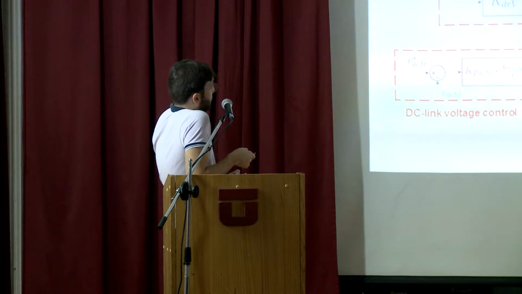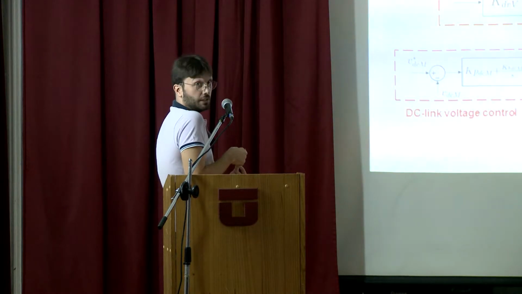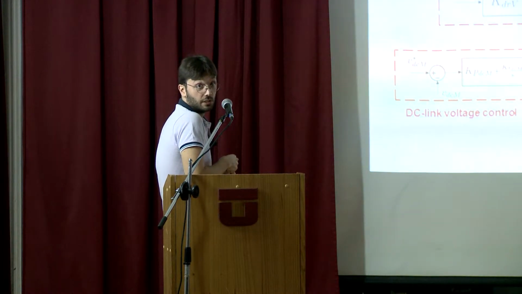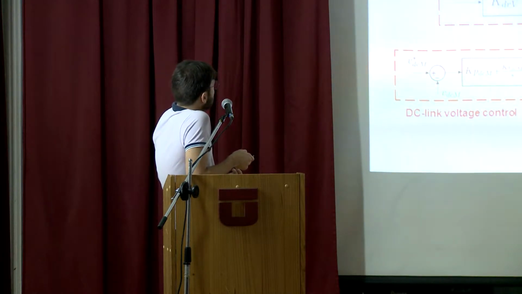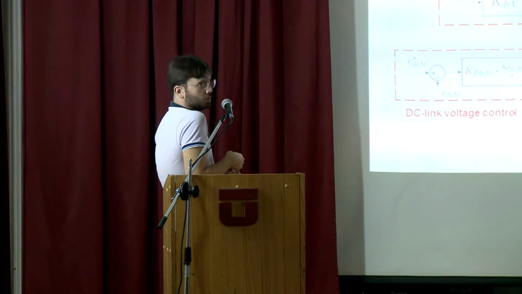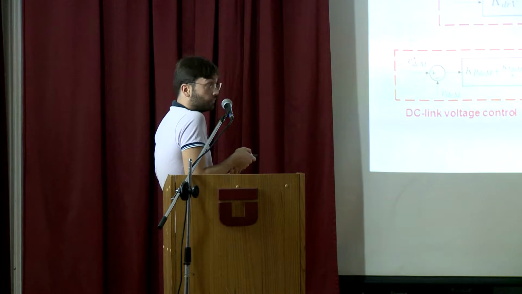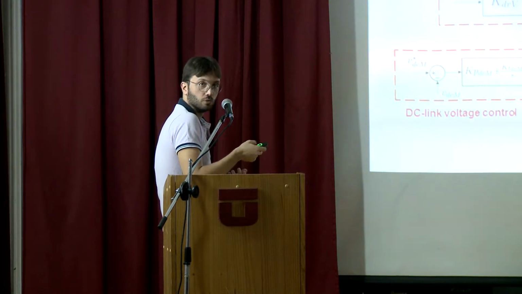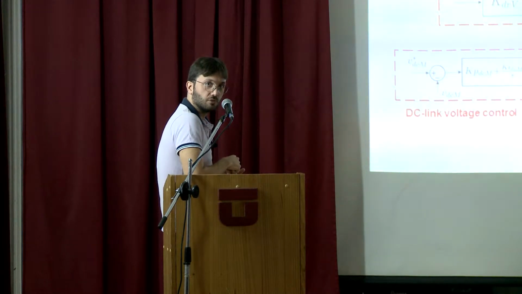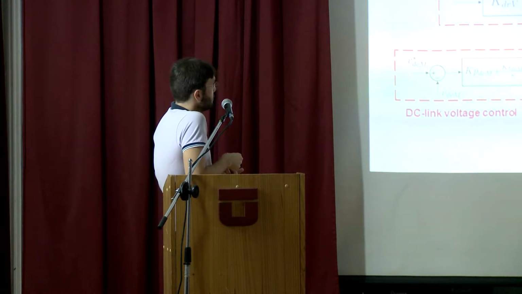These are the current controllers in the DQ reference frame, so in the synchronous reference frame. And we have an outer voltage control, a PI regulator. This is what we saw yesterday for the dual active bridge.